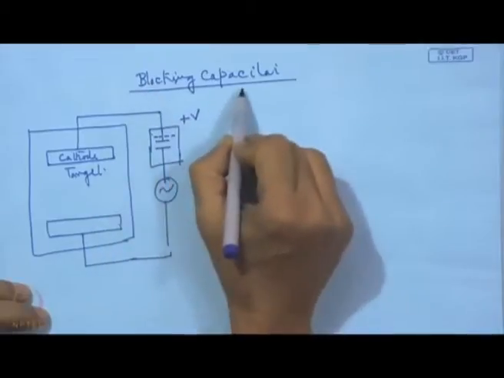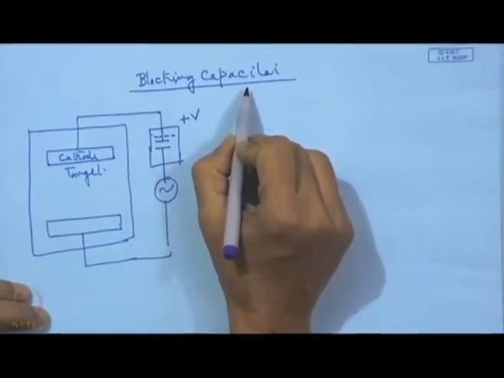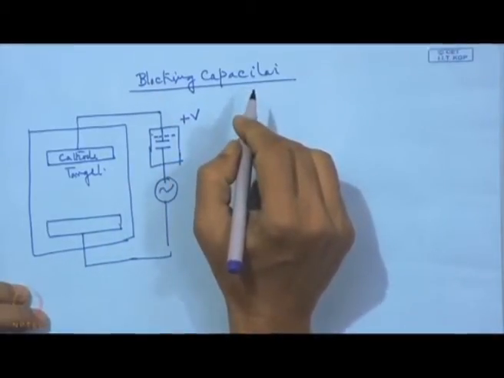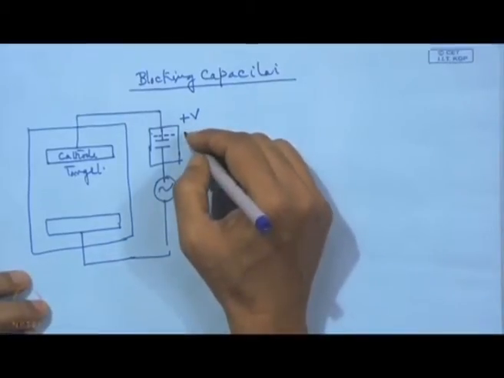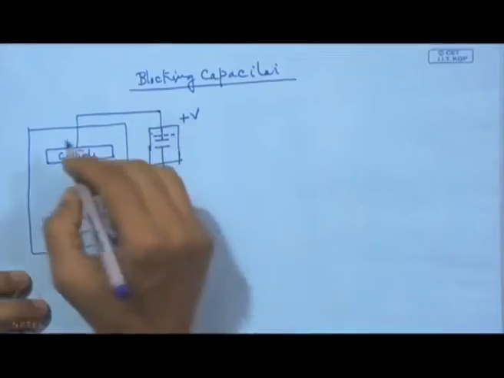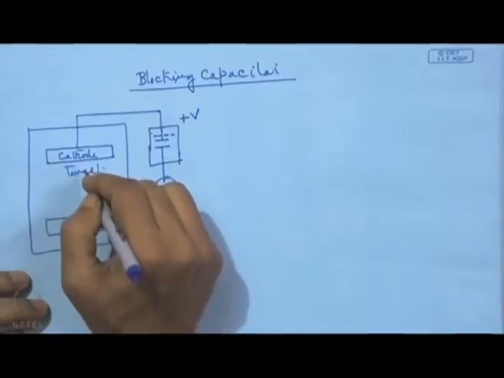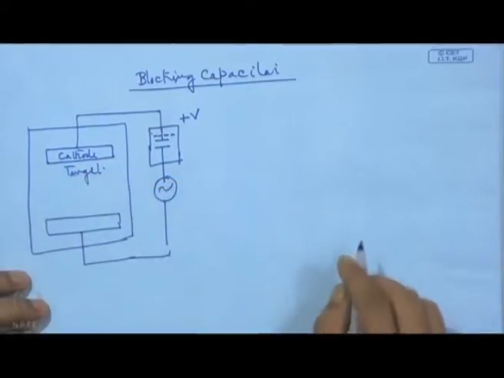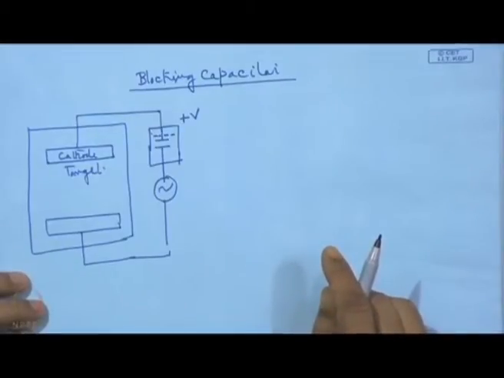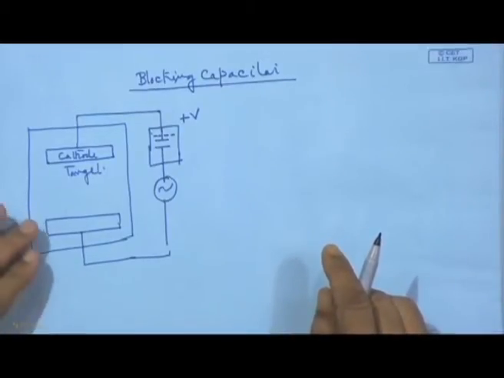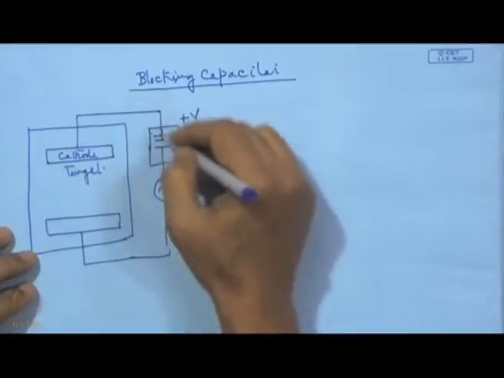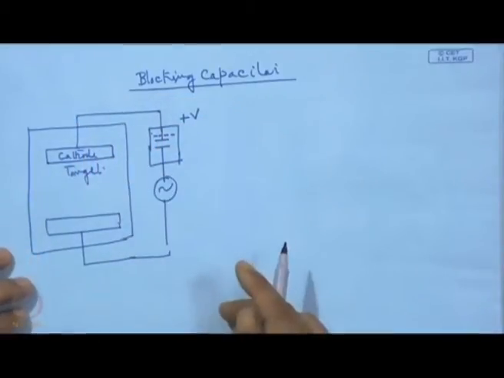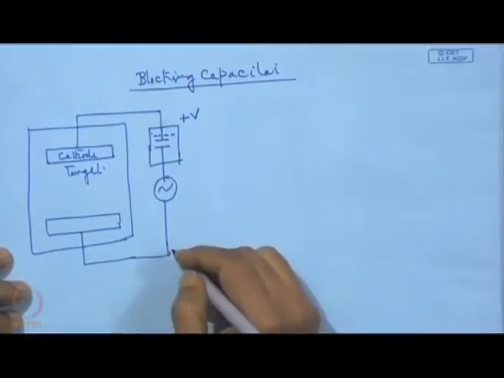However, this blocking capacitor has the main role to create a negative bias on this cathode surface, and as a result of this, what we must understand is that the net flow through this circuit in a full cycle must be 0.